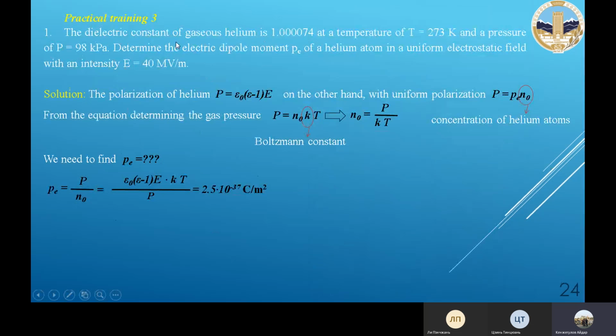Next, practical training 3, the dielectric constant, one exercise.